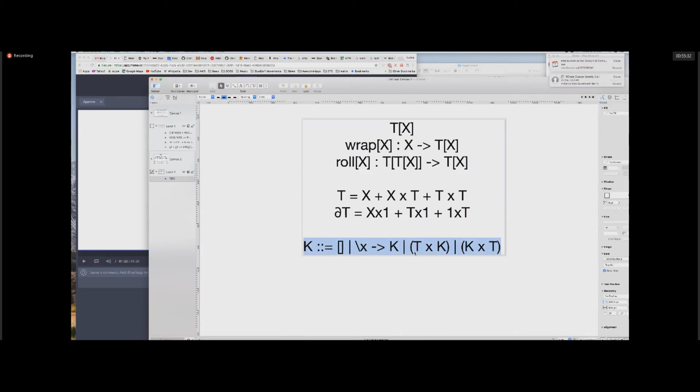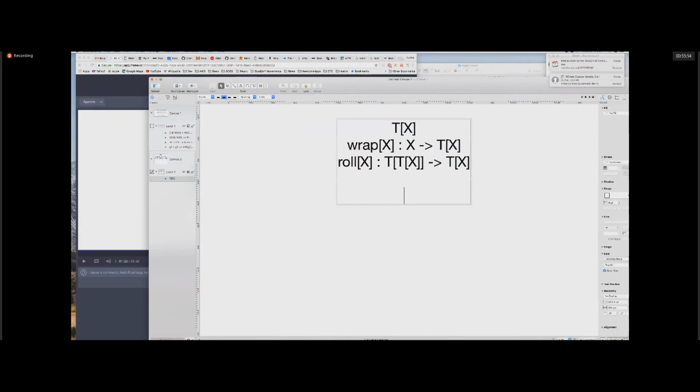And this is really important because now when we want to refer to one-hole contexts, we can simply talk about them in terms of the type itself via the derivative. The next step in this process is that we want to define a location.